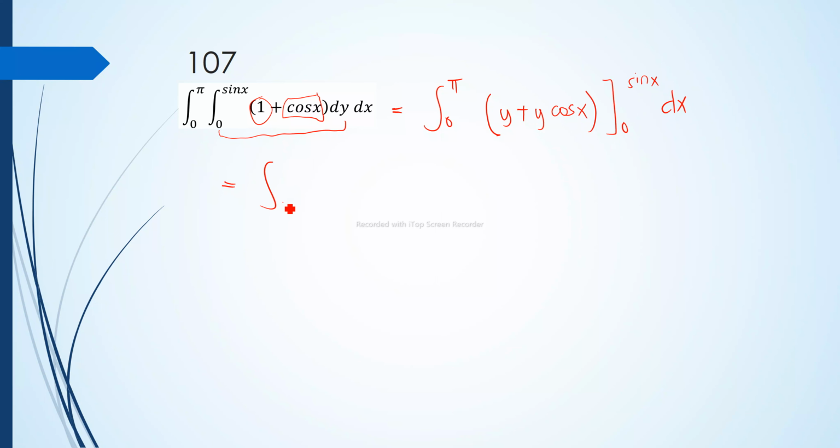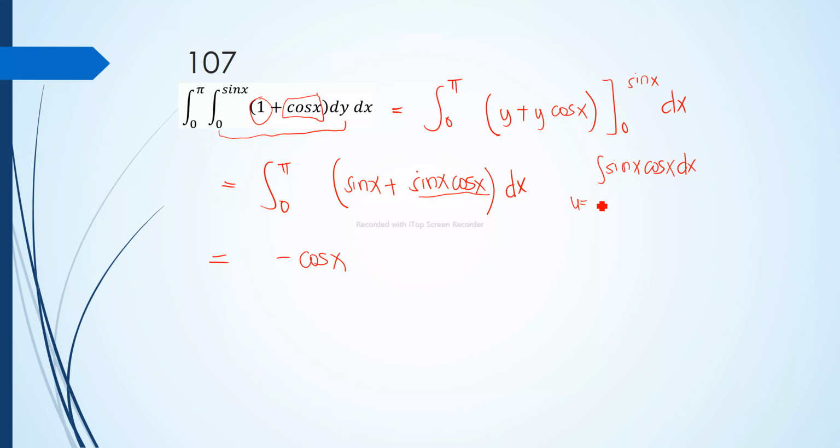So we'll have the integral of sine x plus sine x cosine x dx. Now the integral of sine x is just equal to negative cosine x. How about the integral of sine x cosine x dx?